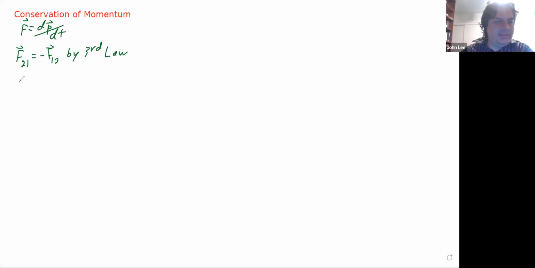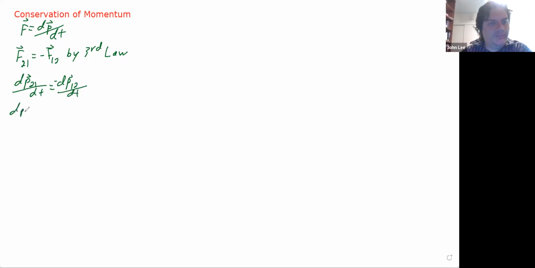So dp/dt, the change in momentum caused by 2 on 1, is equal to the negative change in momentum caused by 1 on 2.